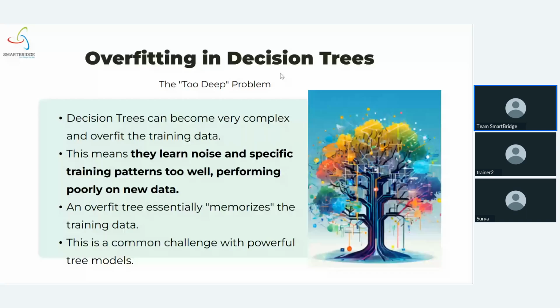Then there will be the overfitting problem in decision trees. These decision trees can become very complex and overfit the training data. Whenever you have too much noise and very long specific patterns, these patterns will be overfitted. The main reason is memorizing. When the tree is larger than a certain size, it is harder to memorize the previous information.